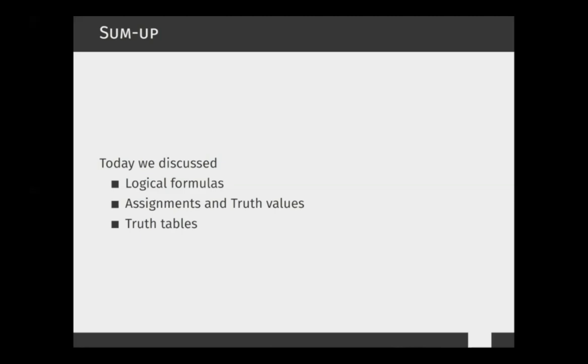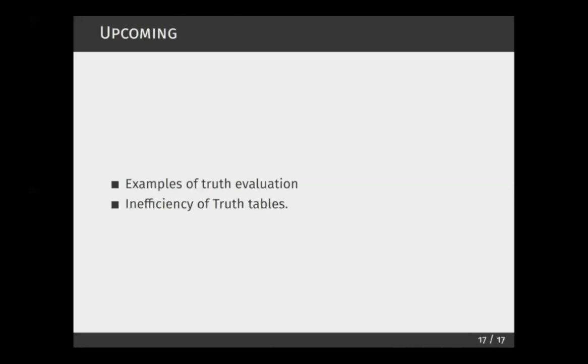Then we also talked about assignment functions, which are just observations giving meaning to your propositional variables. And we talked about truth tables, which are a collection of all the assignments over a set of variables. In our next video, we will talk more about truth valuation with more examples and more questions, and we will talk in detail about truth tables. Why are they useful and why do they sometimes become unuseful? This all comes in our next video.